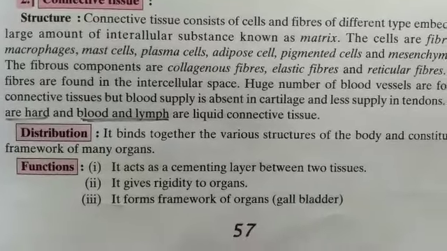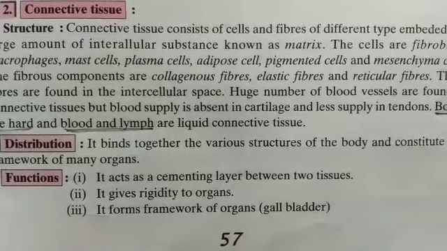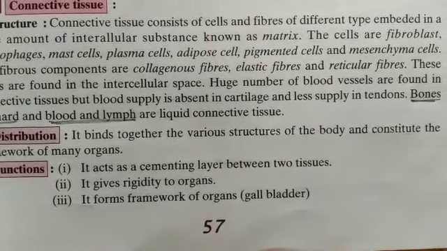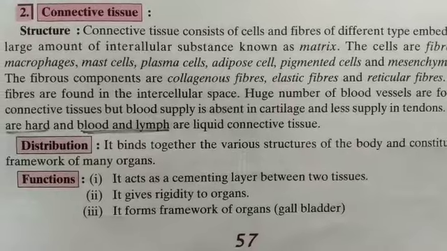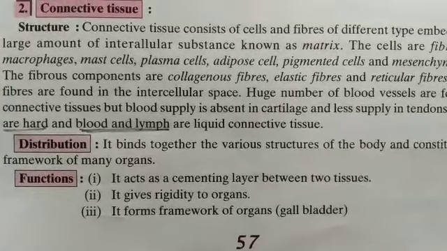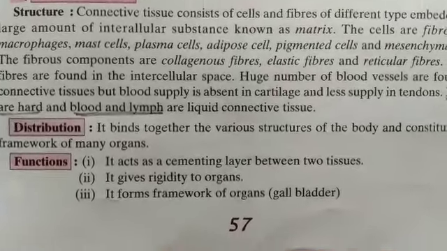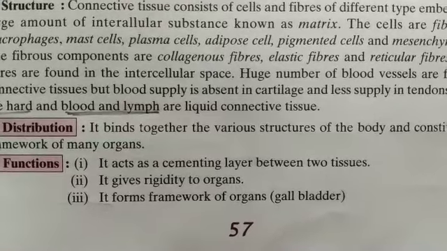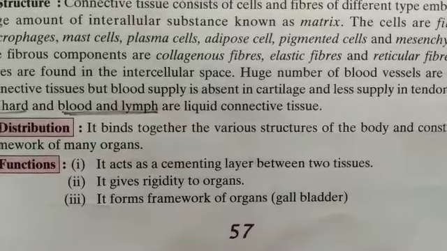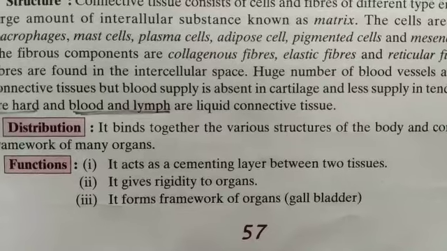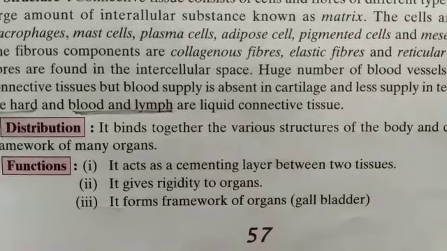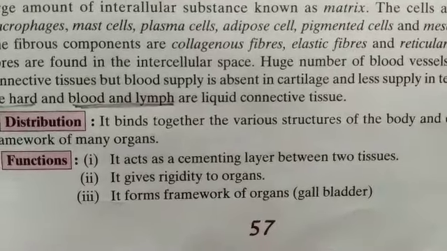See the distribution. It binds together the various structures of the body and constitutes the framework of many organs. What are its functions? See, it acts as a cementing layer between two tissues. It gives rigidity to organs. It forms framework of organs.